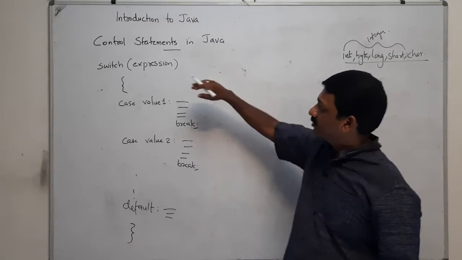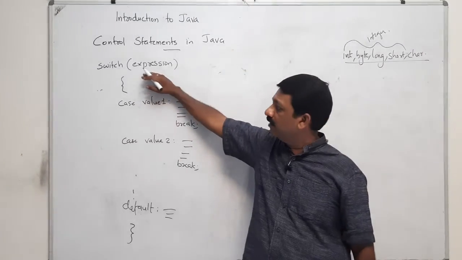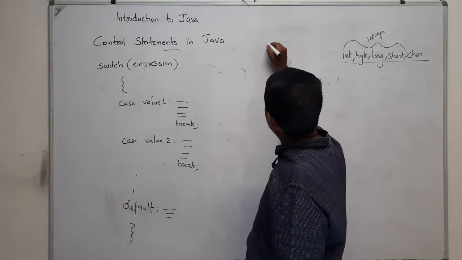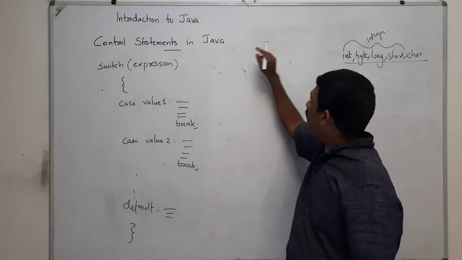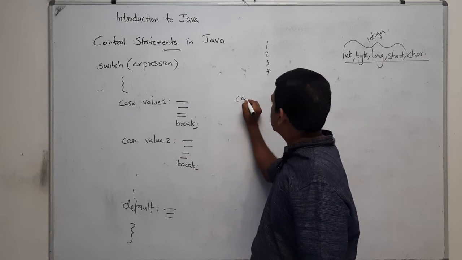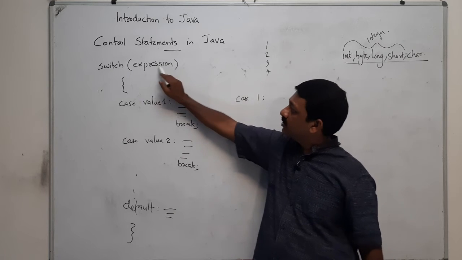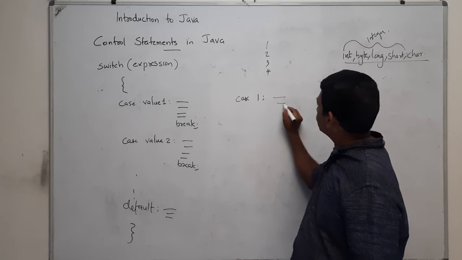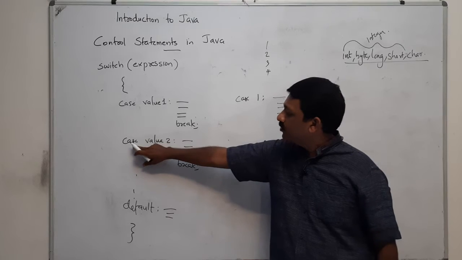And depending on that expression, suppose that this expression is returning an integer value. For example, suppose that a particular expression returns 1, 2, 3, 4. Then here we are going to write case 1. So when this expression evaluates to 1, then for case 1 you have a set of statements, and these statements are executed.